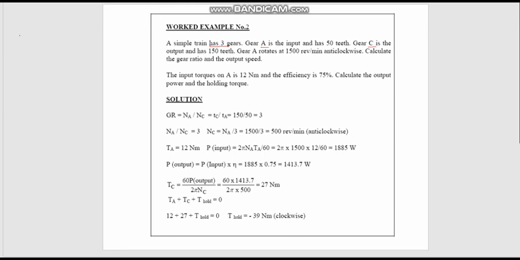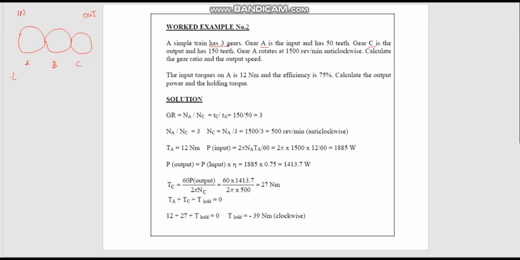We have a three gear system: A, B, and C. A is the input and C is the output.